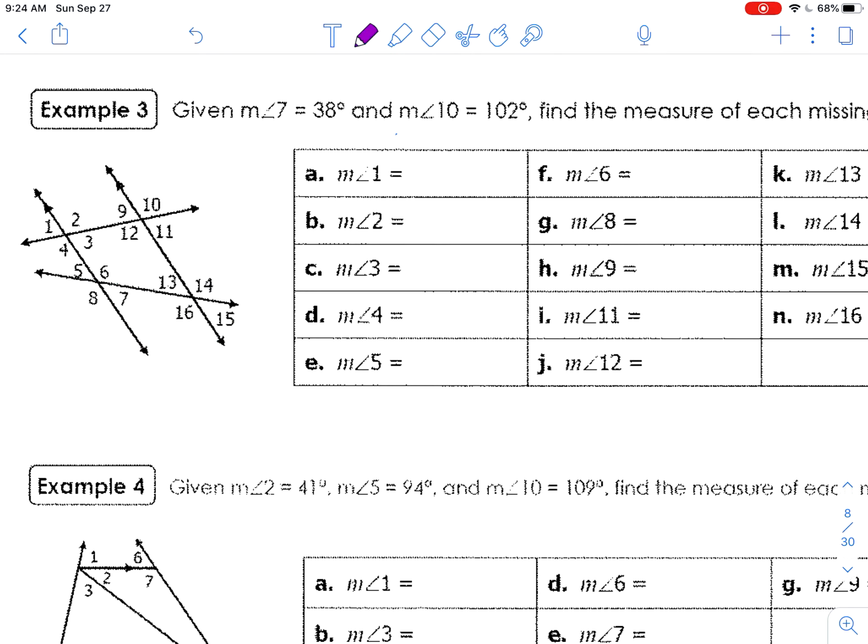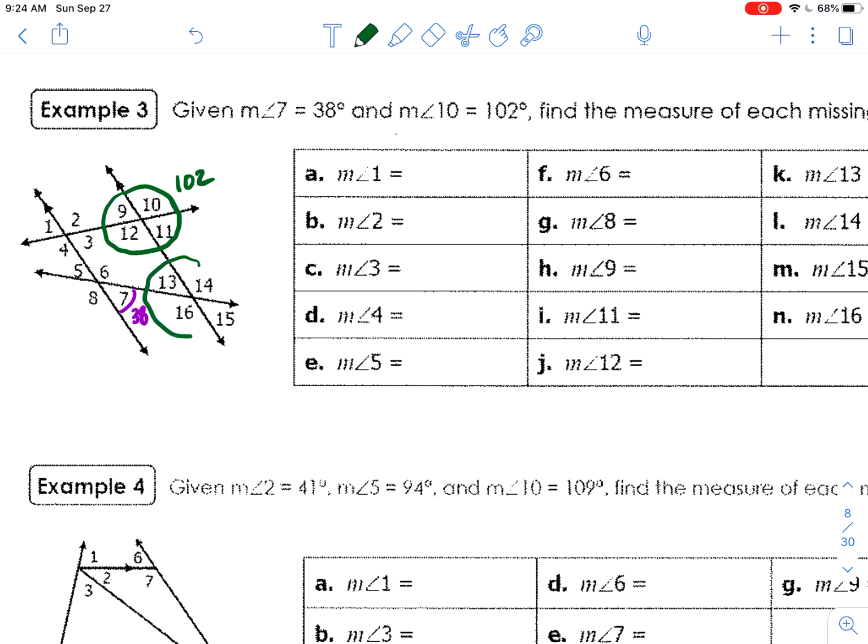Angle 7 is 38. Angle 10 is 102. Okay, so we're focused on this set of angles and this set of angles. Those are going to give us the congruent angles and supplementary angles.